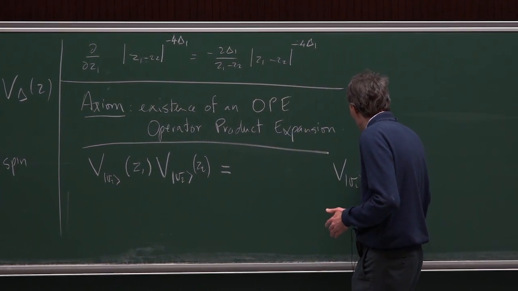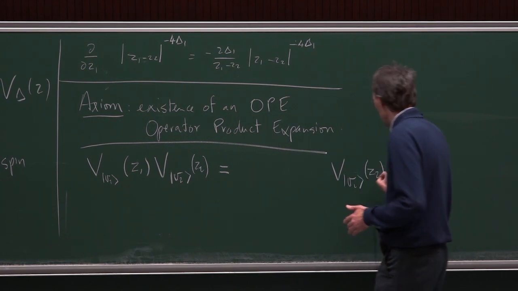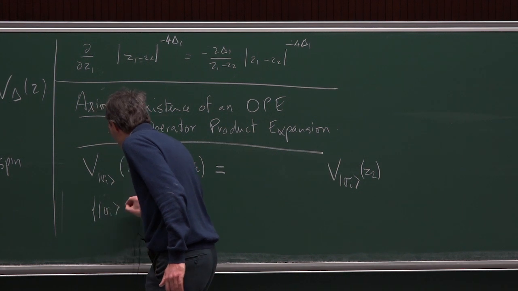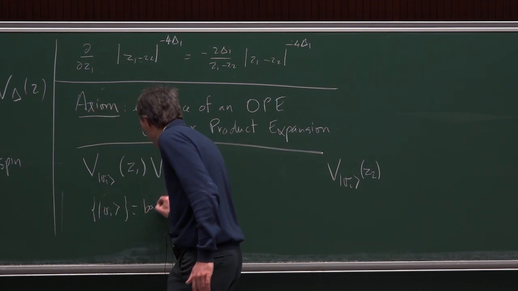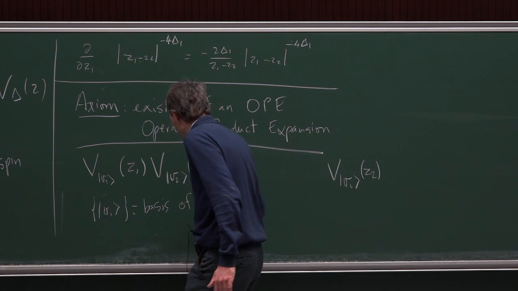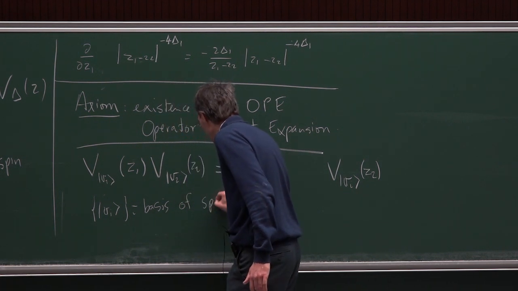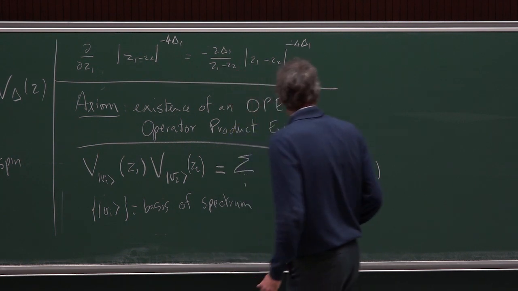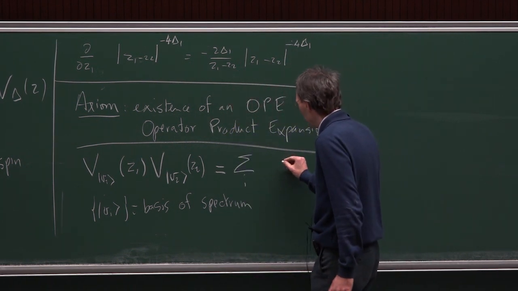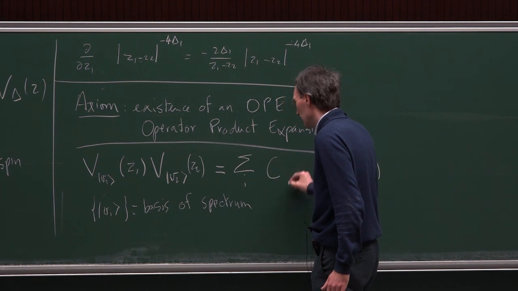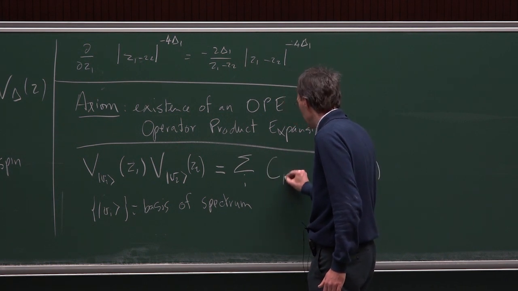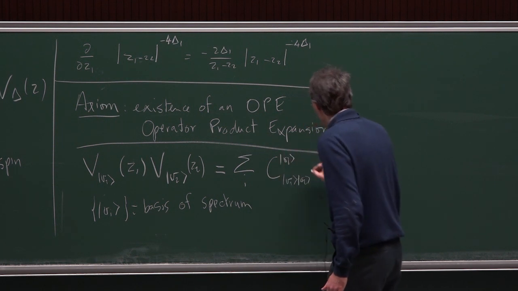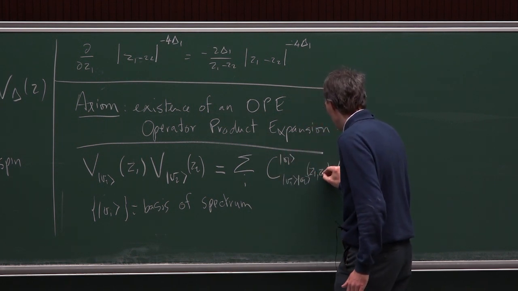Some fields Vi of Z2, where Vi is supposed to be a basis of the space of states, a basis of the spectrum. So I'm summing over this basis and putting some coefficients C, V1, V2, Vi, coefficients which depend on Z1 and Z2.